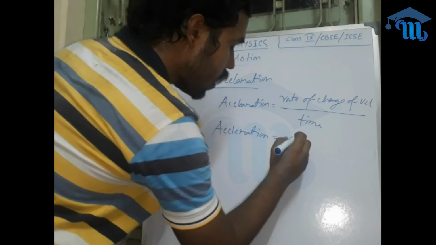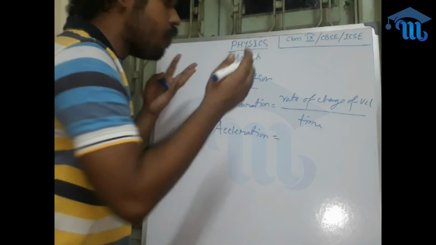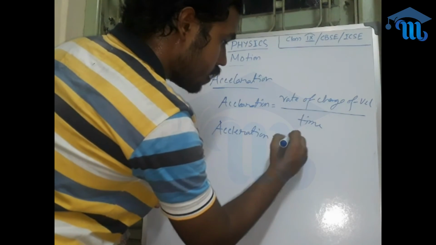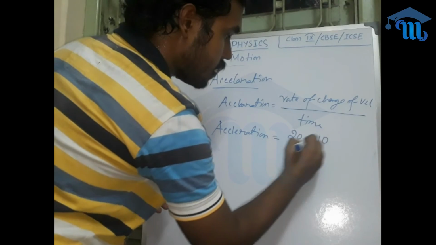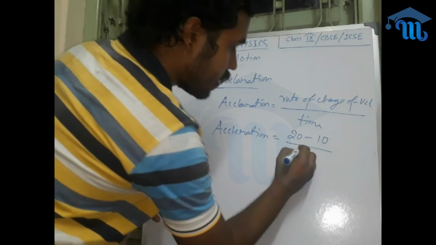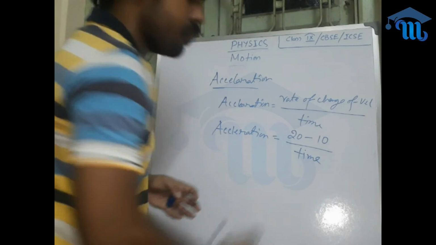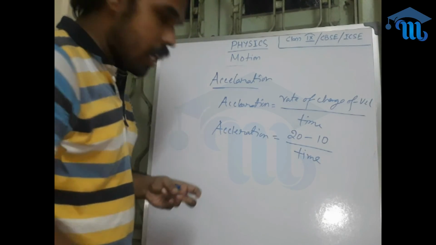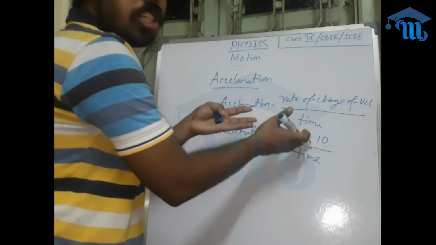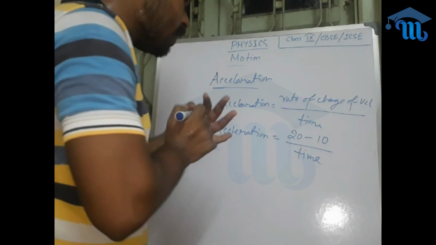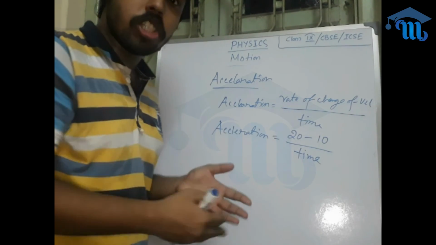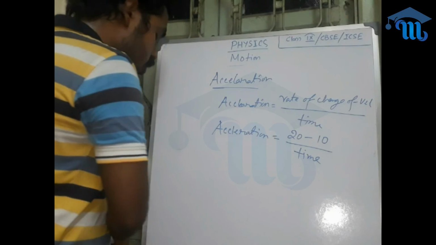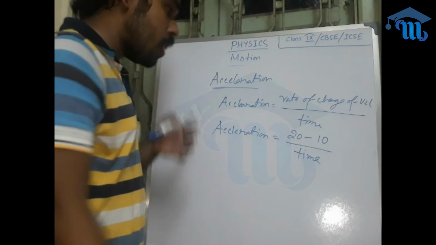So what we will have is the rate of change of velocity, that is 20 minus 10 with respect to time. So this will give you the acceleration, the particular time interval and the change in speed. Now there are uniform acceleration and non-uniform acceleration. So we will discuss it later.